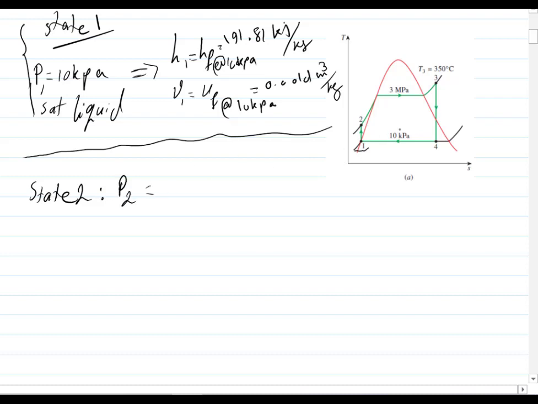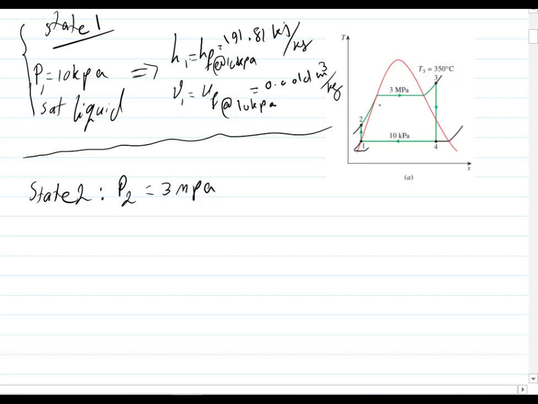How much is it? It is 10 megapascal, because in the TS diagram this line is the isobar line, so the pressure in this entire process or line will be identical, or constant, which is 3 megapascal.